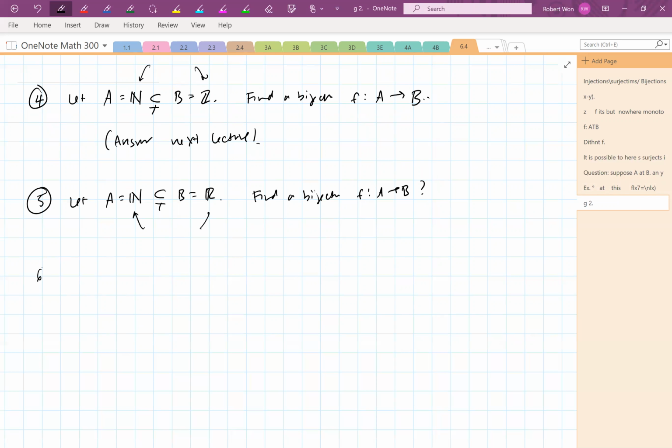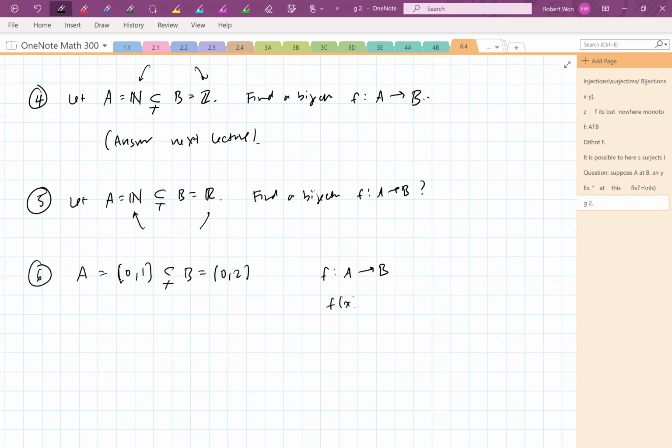I still have a few minutes, so let me include that last example that I skipped earlier. If I let A be the closed interval between 0 and 1, and B be the closed interval between 0 and 2, that's a strict subset. It again seems like there's twice as many elements in B, but there's a nice easy bijection between these two.